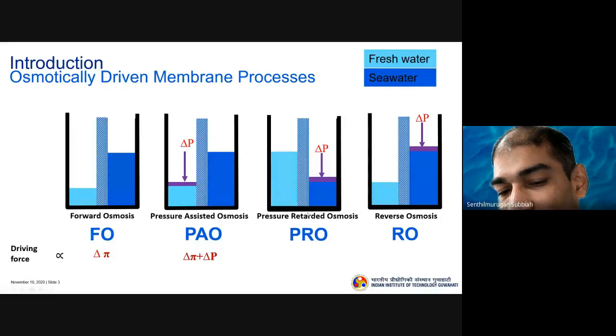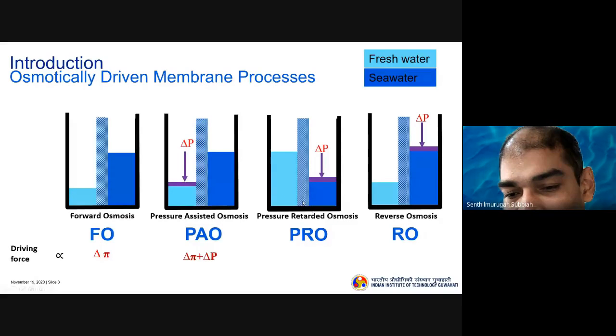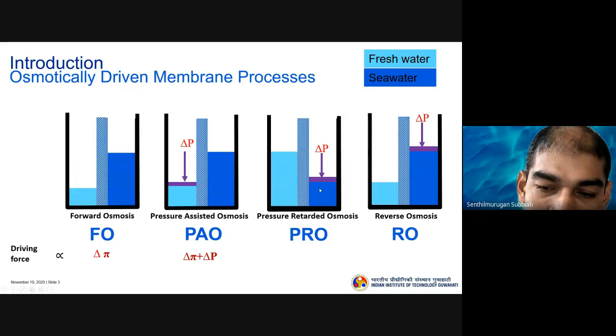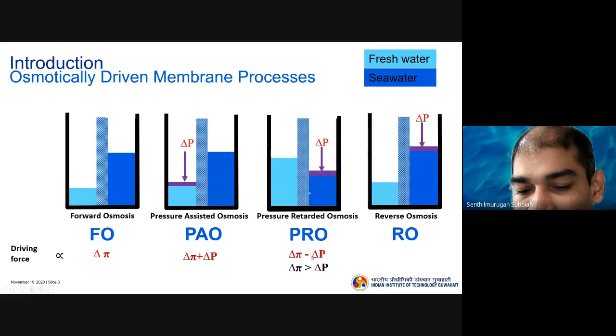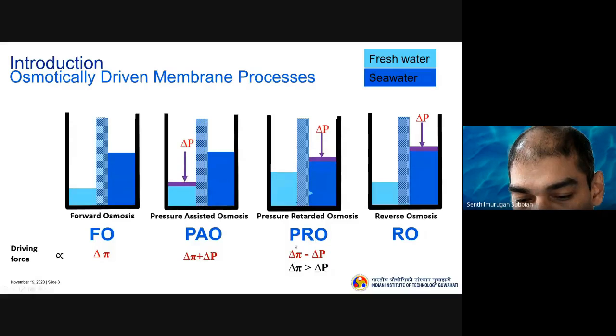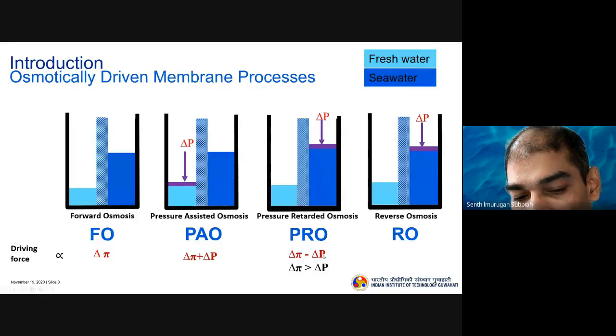And similarly, in pressure-retarded osmosis, we apply a pressure on the opposite side. What is the meaning of opposite side? We apply it on the seawater side. But still, the driving force is going to be delta pi minus delta P. Why?